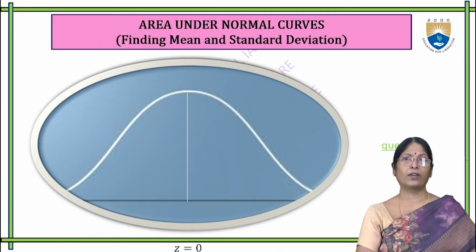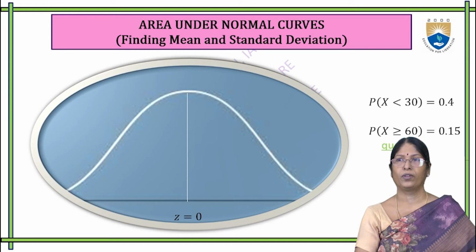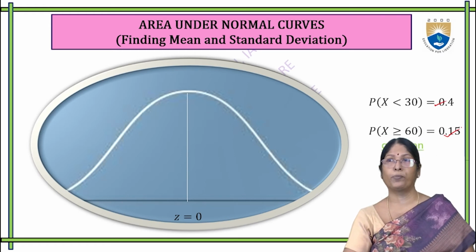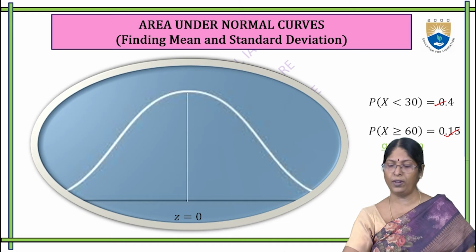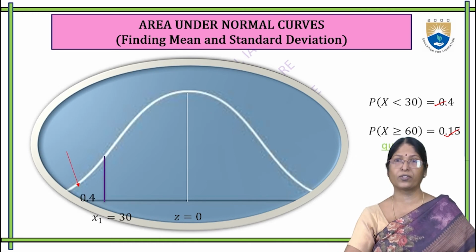So we will come back to 0.25, 1.04. The values, how we obtained them, we will see now. This part is very clear because 40%, 15% is given, 0.4 and 0.15. We placed it. Yes, 0.4, this is the area which is given.